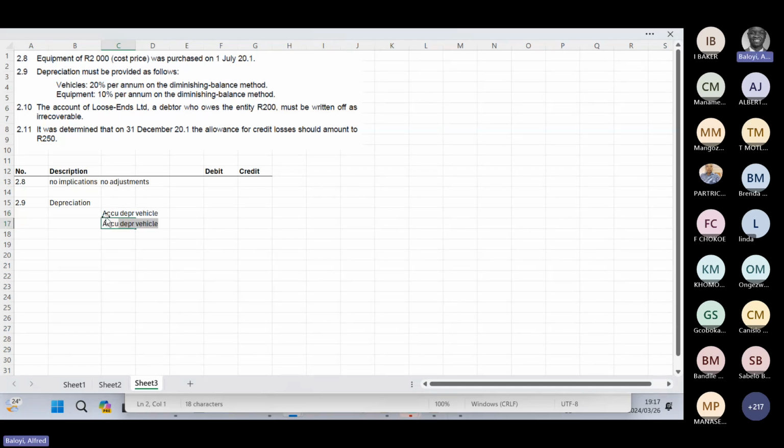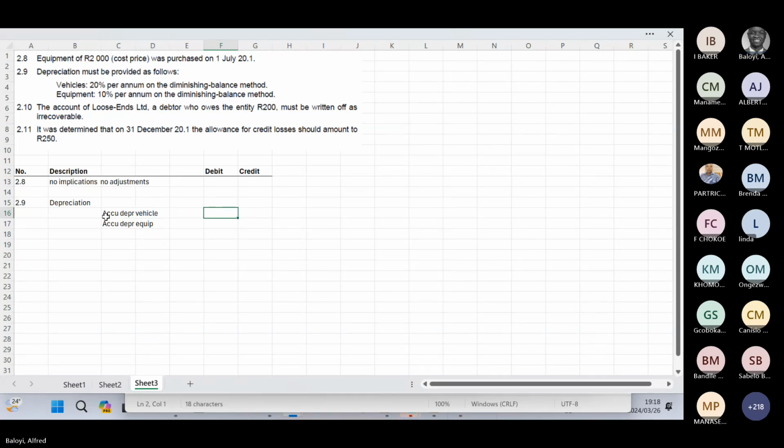And then we have accumulated depreciation for equipment, right? So again, this one is an expense. It increases on the debit side. These ones are balance sheet accounts. They relate to assets. So when you're depreciating, you're reducing the value of the asset. So that's why you credit both the accumulated depreciation accounts, right?